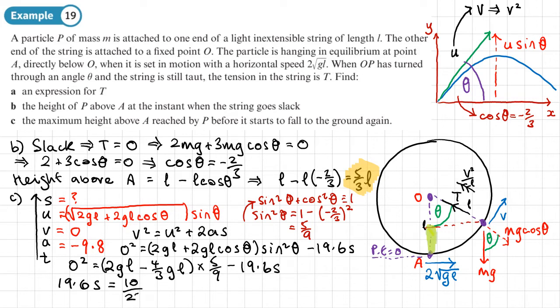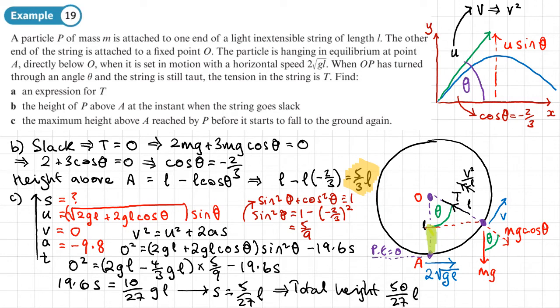So from there I can work out s, and that gives me 5/27 L. Now remember, that is just the greatest height from this point of it leaving a circular path, and I need to add to it this distance here, which is 5/3 L. So now the total height, or the highest height, will be the 5/27 plus 5/3 L, and that will give me 50/27 L, and that will be our answer for part C.